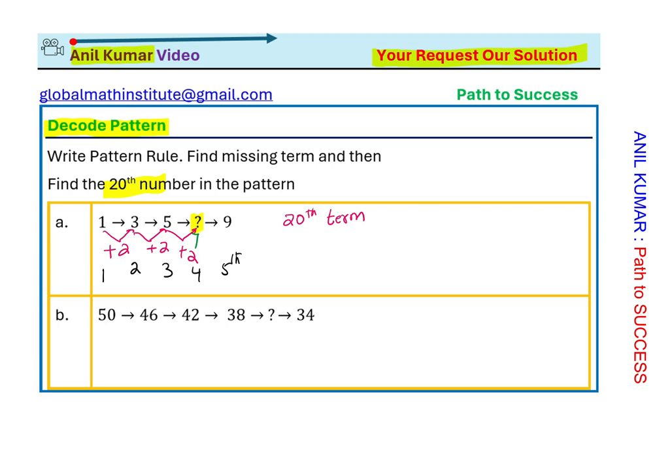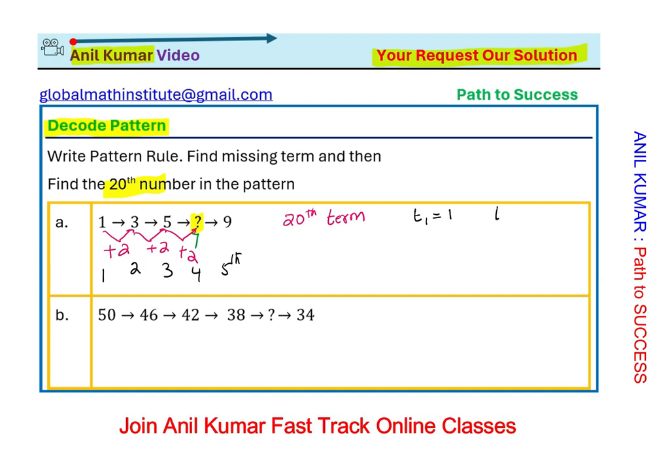And 1, 3, 5, 7, 9 will be the values of these terms, the term values. So term number 1 is 1, term number 5 is 9, and term number 20 is what we need to find.